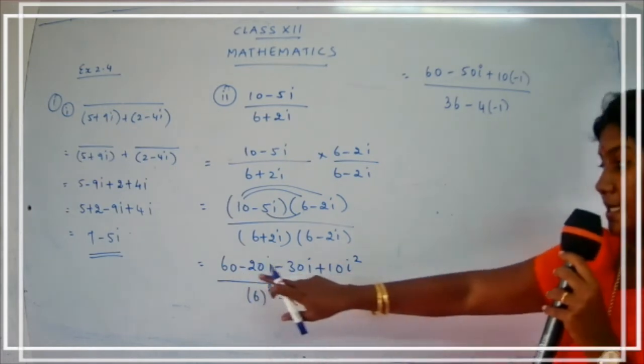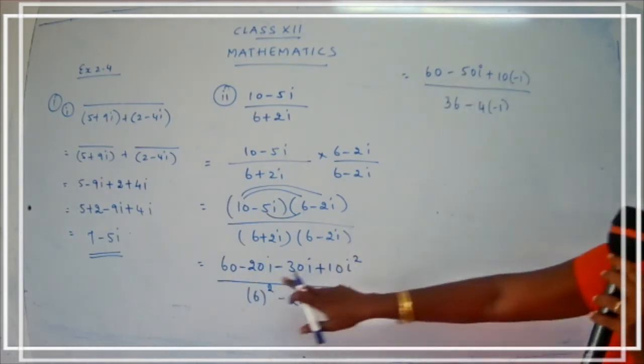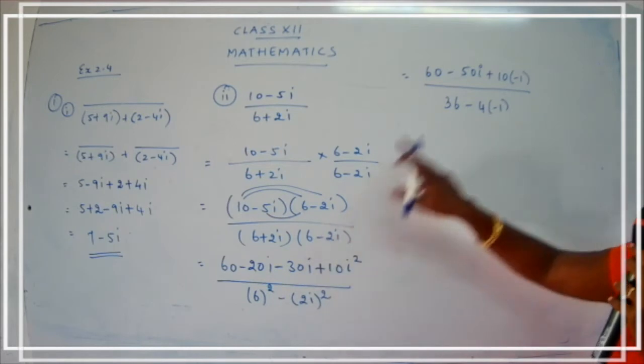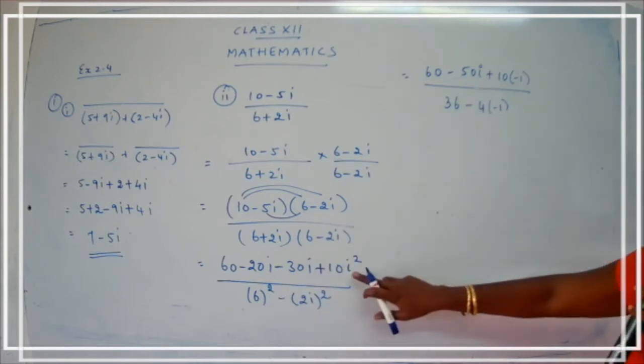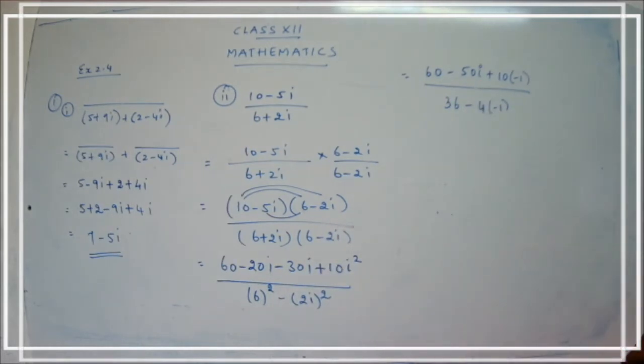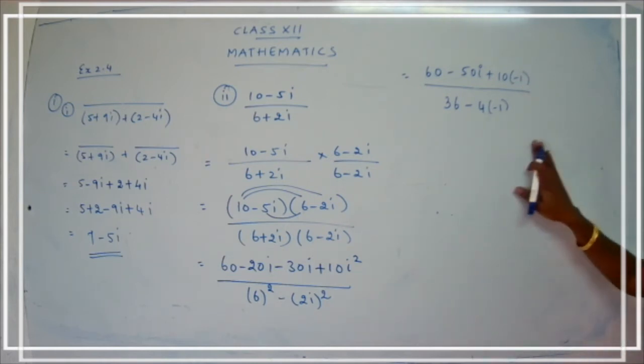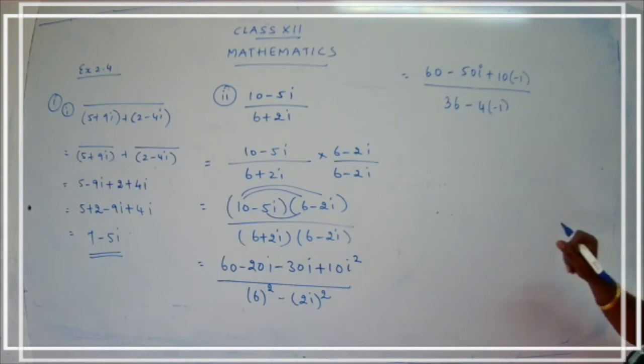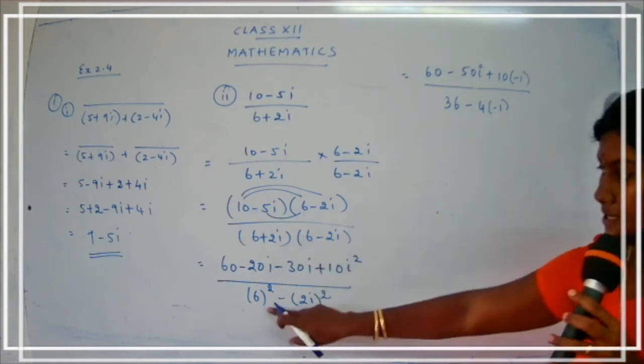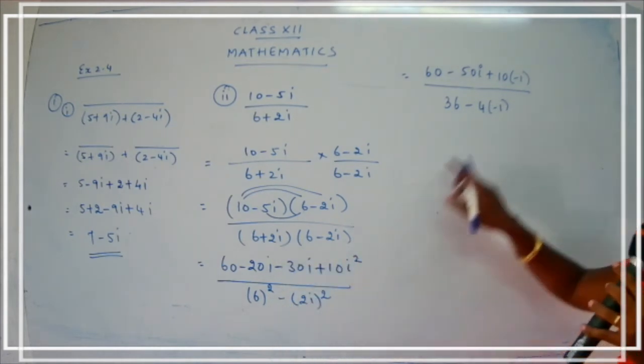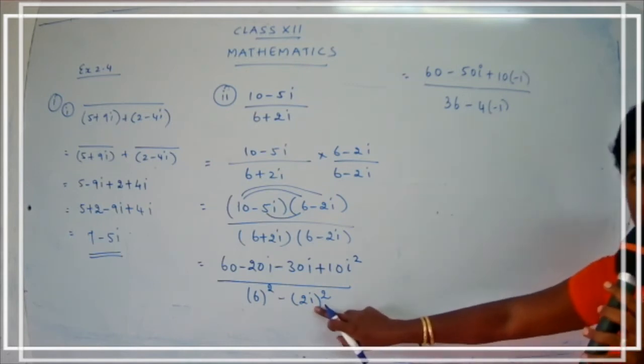So see here, 60 was alone. Minus 20 minus 30 is minus 50i. And 10i square means 10 into minus 1. We have seen the powers of the imaginary unit, children. So what is the value of i square? Minus 1. So I have just placed here minus 1. Next, 36: 6 sixes are 36. 2 square is 4, and I get here i square.